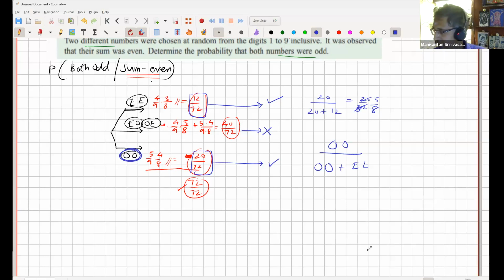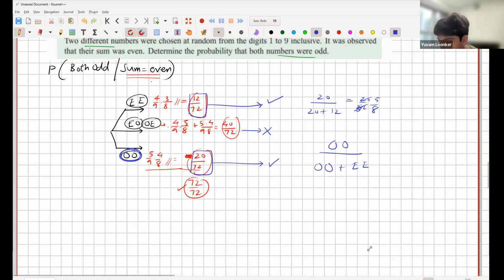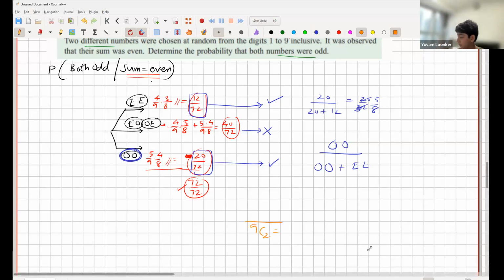And since there are 5 odd numbers out of the 9 numbers, I do 5 choose 2 because I have to take 2 odd numbers. So 5 choose 2 is 10. So I did 10 upon 36, which is exactly the same as 20 upon 72. For getting 2 odd numbers, it's 10 upon 36. Then I simplified it, and that's my answer.